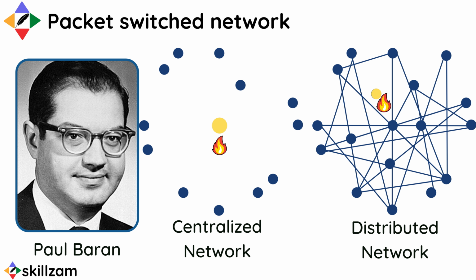He had an idea of breaking the messages into blocks and sending them as fast as possible in every possible direction through the mesh or distributed network. Eventually, this became an American nationwide experimental packet network.